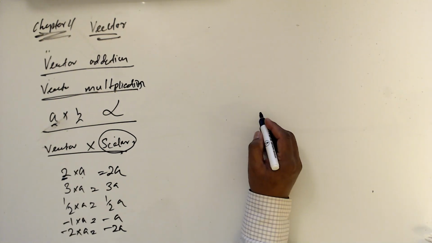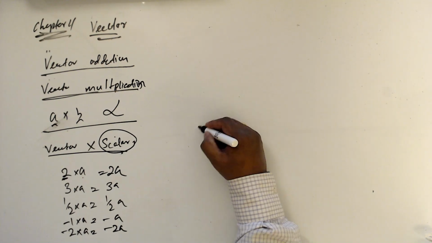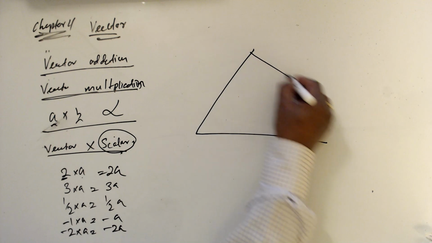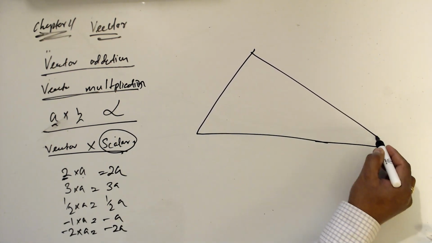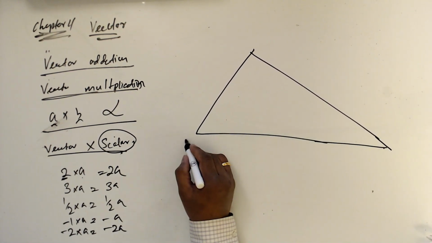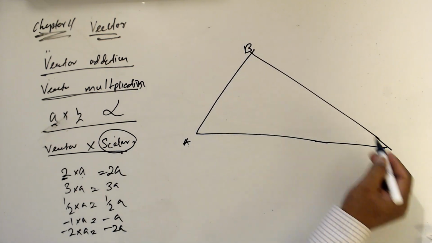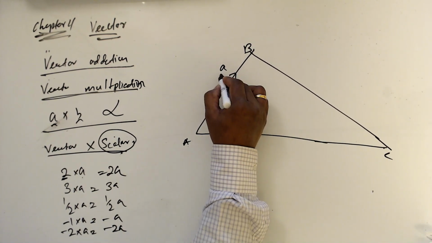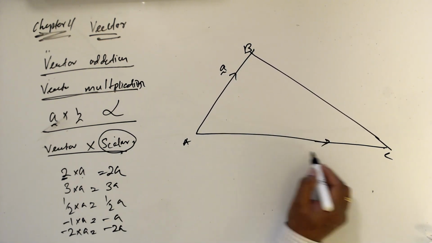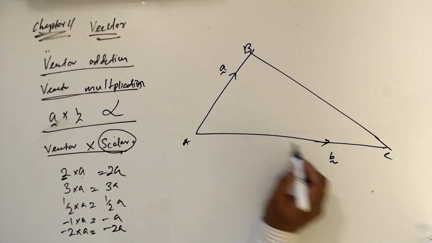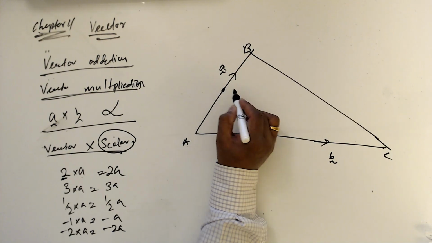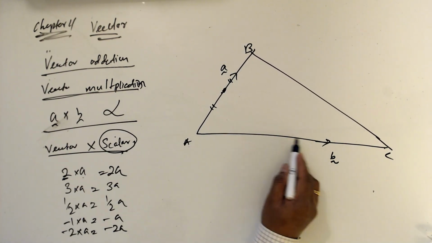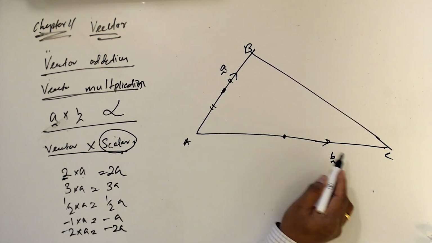Now, what is the use of it? Assume that you have a triangle like this. So A, B, C. AB is A, and AC is B. I take the midpoint here, and the midpoint of AC.